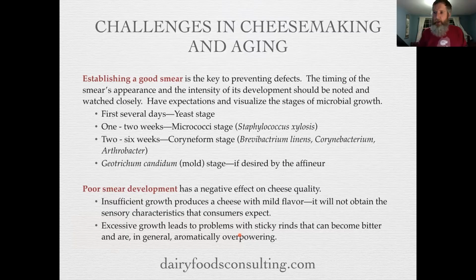We have three distinct stages, and we can add in a fourth if we want to talk about making a washed rind cheese that has a bit of mold on the surface. At the end, the whitish Geotrichum candidum type mold is desired by some affineurs and encouraged to take a little bit of space on the rind by stopping washing the rind.